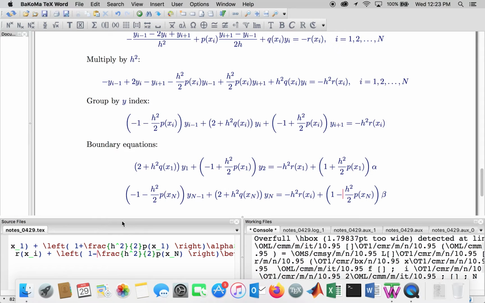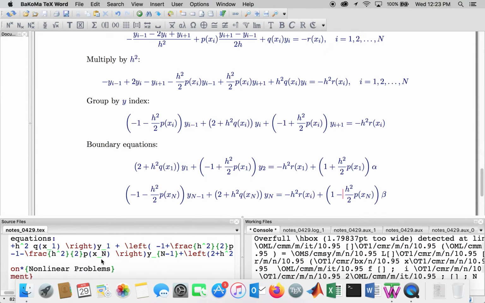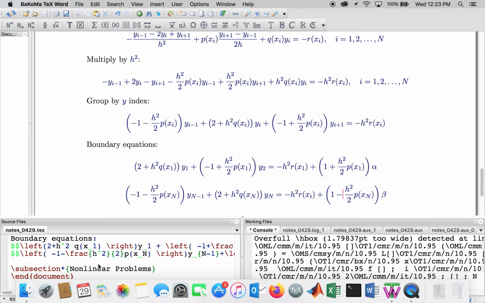So here are the special cases of equations: the first equation and the last equation. Every other equation will have this form.